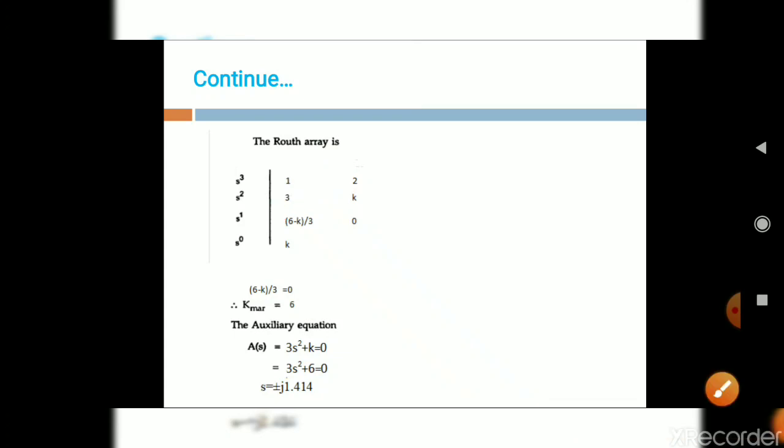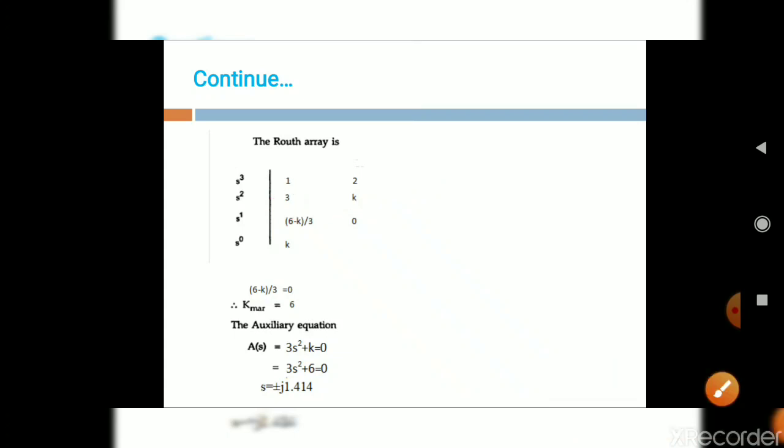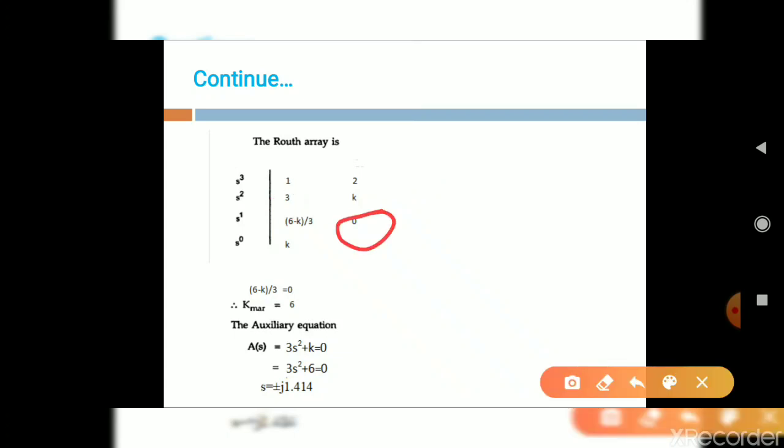So it will be (6 minus k) divided by 3. For the next term, obviously we cannot multiply this 3 onward, so we consider it as 0.